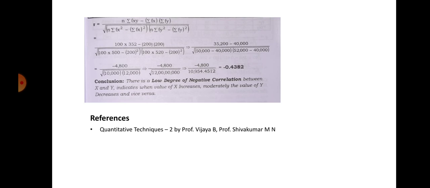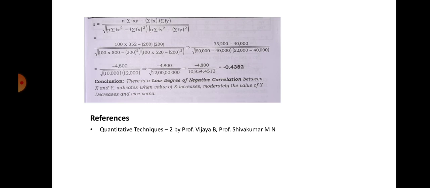Now 100 into 352 minus 200 into 200, divided by 100 into 500. What is this? Sigma fx square. Where is it? Column wise, column sum. 100 is n, into 500 minus sigma fx, 200 square.